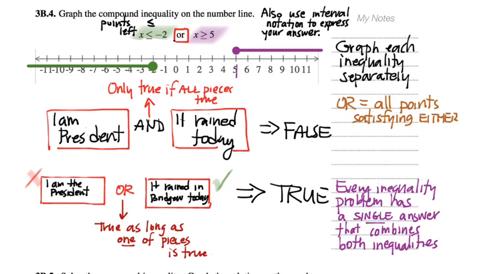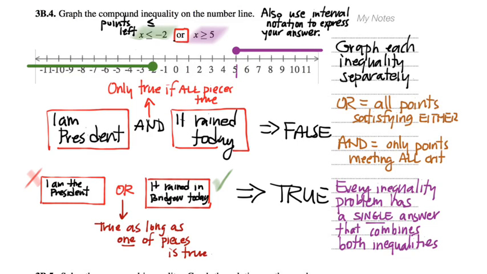Whereas an "and" is only true if all of the pieces are true. And so in that case, an x would belong to the solution, to the compound inequality, only if it met both of the criteria in the compound inequality simultaneously. It's a very different way of combining our two answers. So "and" consists only of the points which meet all criteria.